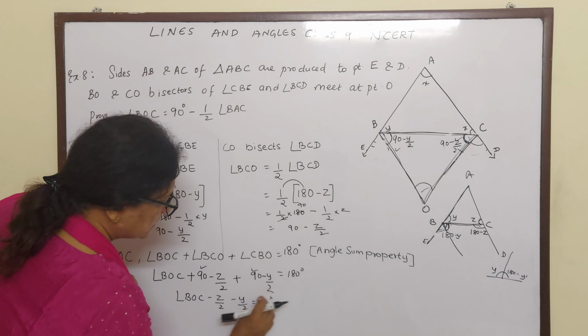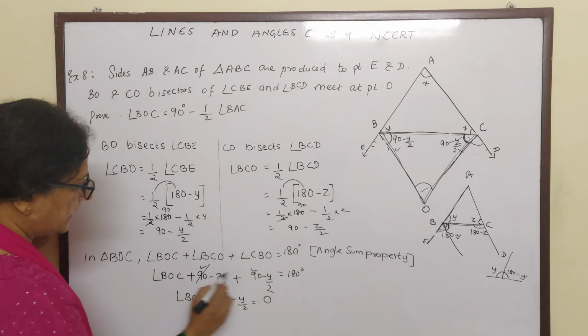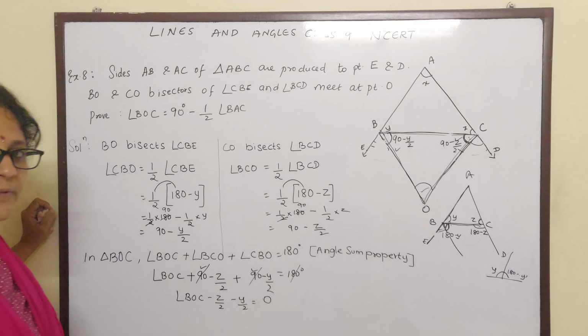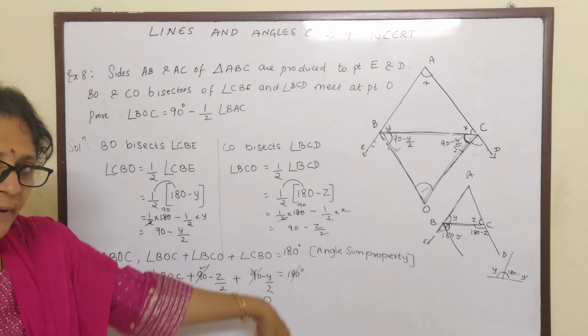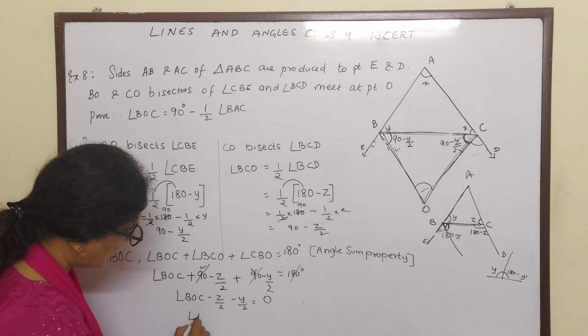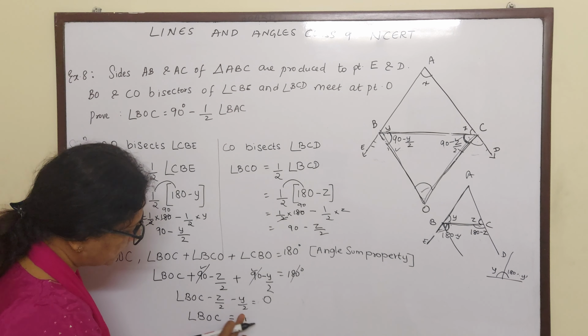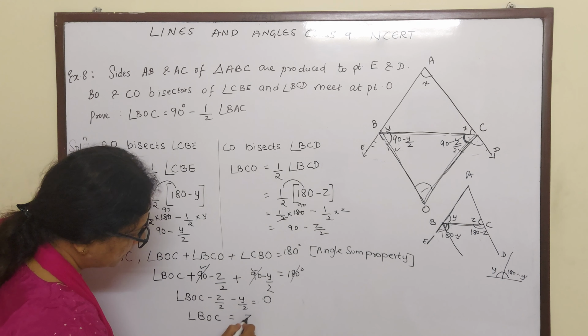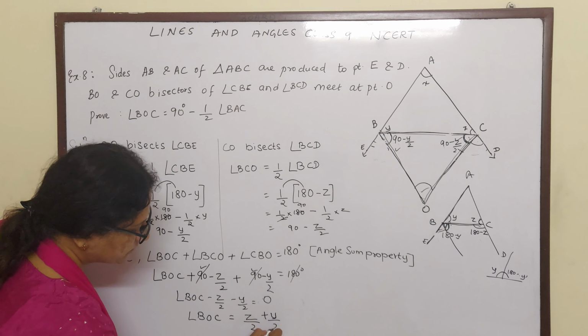So we cancel 90 plus 90, 180 with 180. Now if I take minus z by 2 and minus y by 2 to that side, they become plus. Angle BOC equals z by 2 plus y by 2.